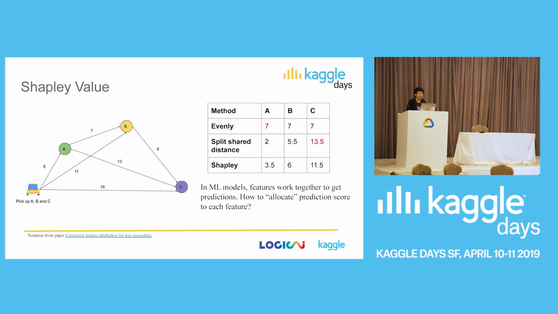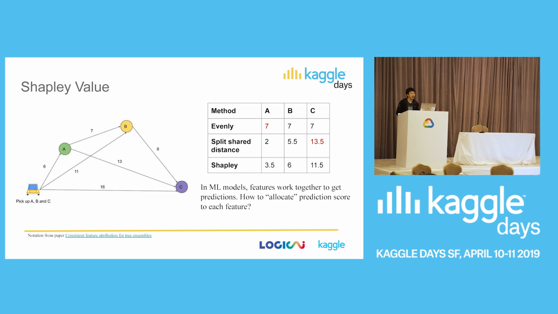Now, how does that map to a machine learning model? In a machine learning model, you need those features to work together to form a strong signal, and that gives you predictive power. And how do you allocate those prediction scores to each feature? It is actually a similar concept to the cost splitting.